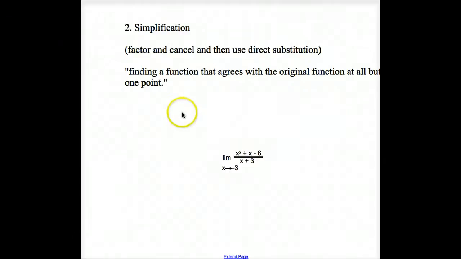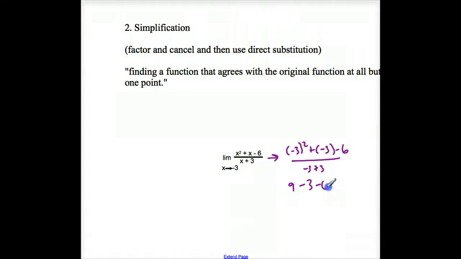Okay, if we graph this, we're going to have a hole at -3. Let's try direct substitution, which is always our first option. So we're going to plug -3 in for x. -3 squared is 9, minus 3 minus 6.